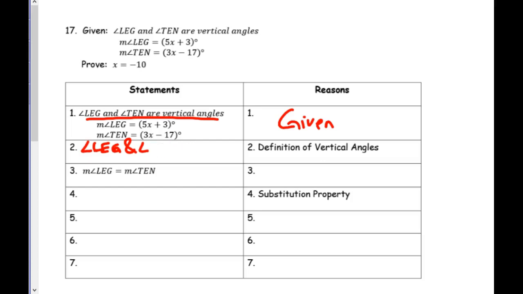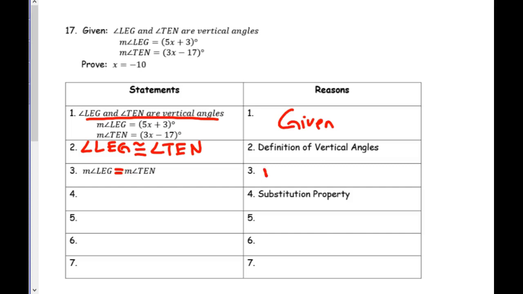Actually, let's back this up. Leg is congruent to 10. That's how you should write it. Now, remember, if you have congruent, that's shapes. We need to turn it into equals. And it can only be equals if we put these m's. Okay?